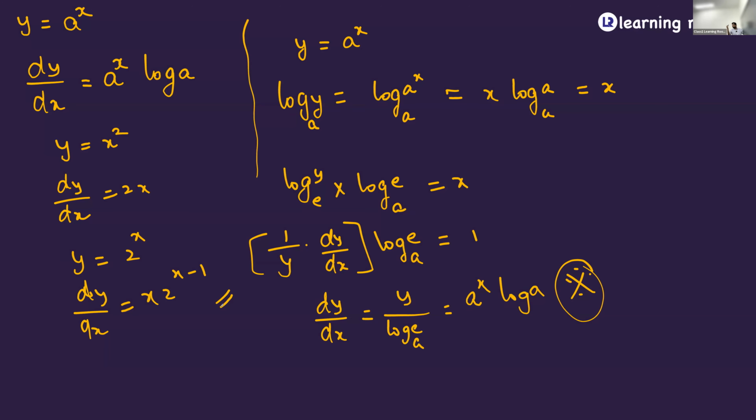Whereas if it becomes 2 power x, it is no more a polynomial function, it becomes an exponential function. So don't make this mistake, it is rather this formula. According to this logic, what should have been the answer? It should have been 2 power x log 2. That should have been the answer. Okay, this is one common mistake that happens. So make a note of this.